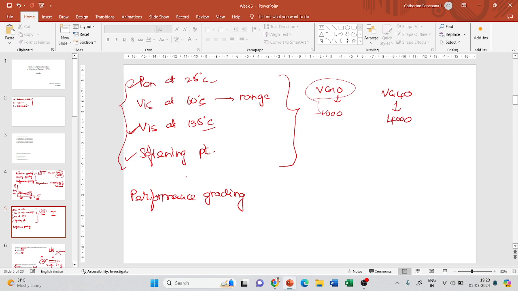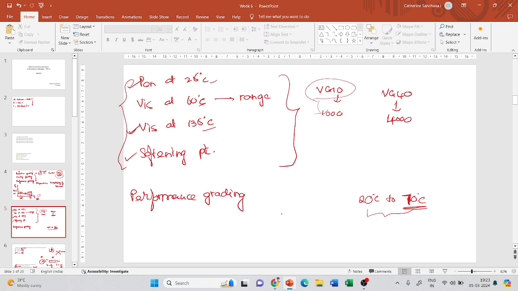Let us say my highest temperature is 70 degrees Celsius and the lowest temperature is, say, 20 degrees Celsius. At any point in time, it can be subjected to anywhere between 20 and 70 degrees Celsius, because these are the extreme values of temperature to which the bitumen is subjected.